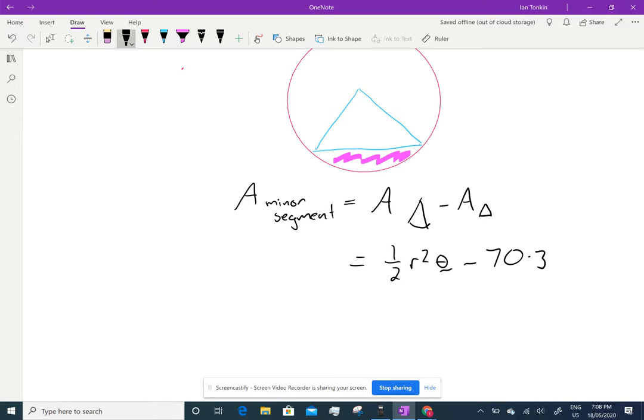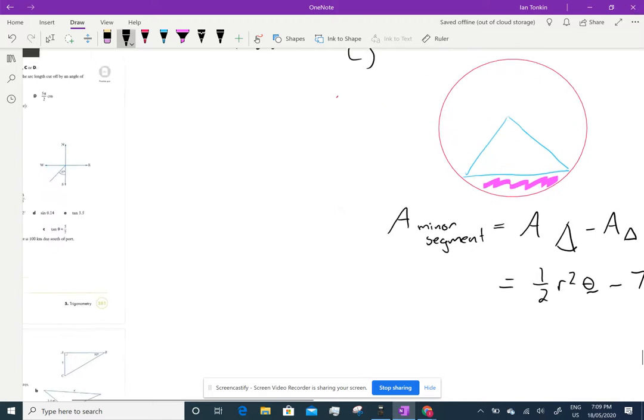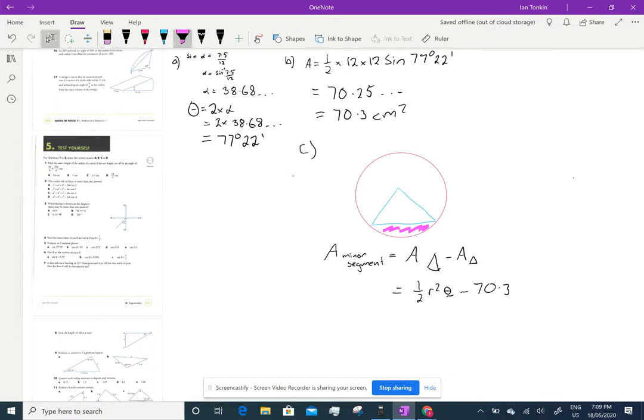But remember, my theta has to be in radians. Okay, so I'm going to go back and I'm going to get this angle here.